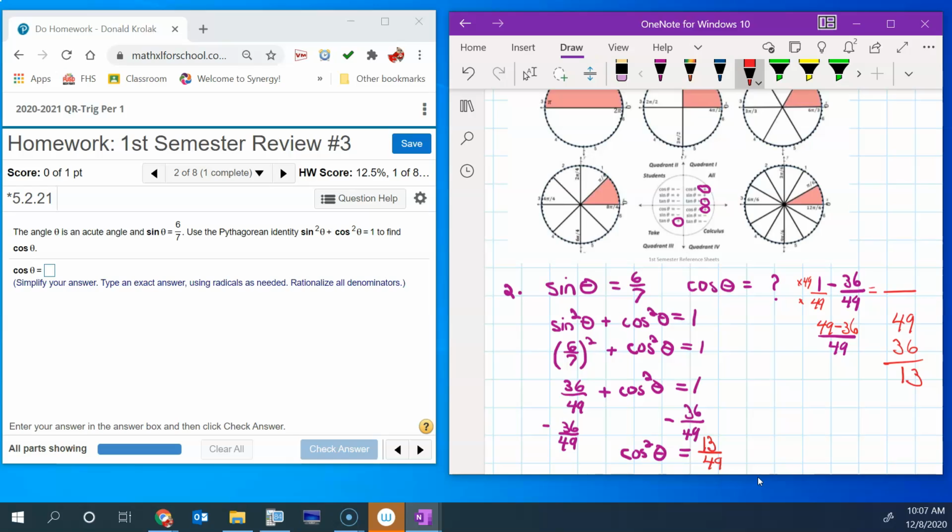Now we take the square root of both sides. So I have cosine squared theta, 13/49, and now I'm going to do the square root of each term. And I get cosine. Those undo each other. And then I got the square root of 13, which I can't simplify, over the square root of 49, which I can. And that's root 13 over 7.